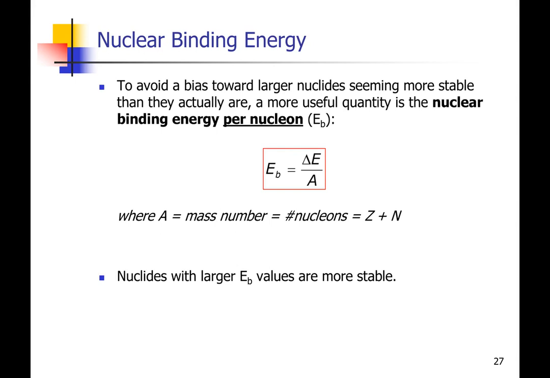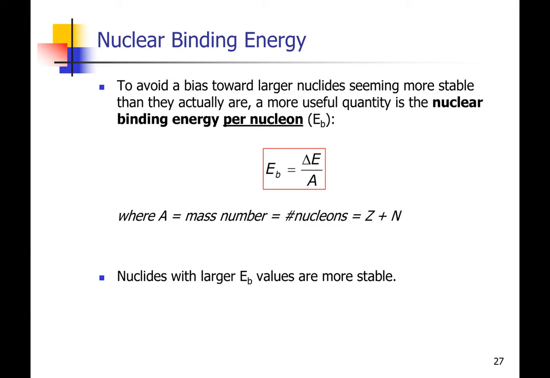Now, if you think about it, really big nuclei are going to have a lot of protons and neutrons coming together, each of them giving off a little bit of mass as the nucleus takes form and holds together. And so if we just used that delta E as our raw value and compared those, it would look like the larger nuclei were more stable than they actually are.